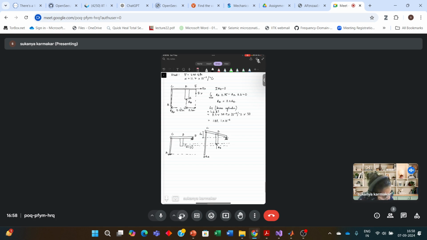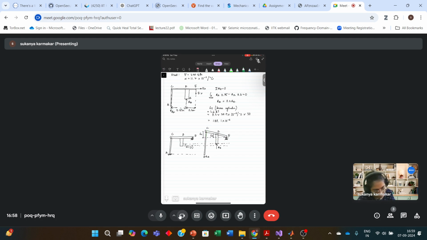This is point C. Let me assume this is D. Now you can develop a relationship between delta C and delta D, because delta C and delta D are related from similarity of this triangle and this triangle. I'll just remove this, otherwise it will become crowded.